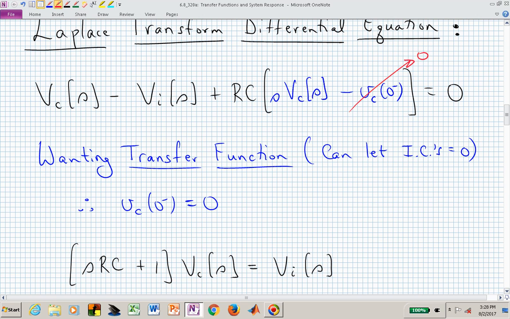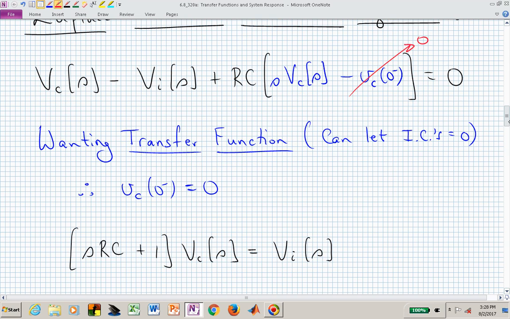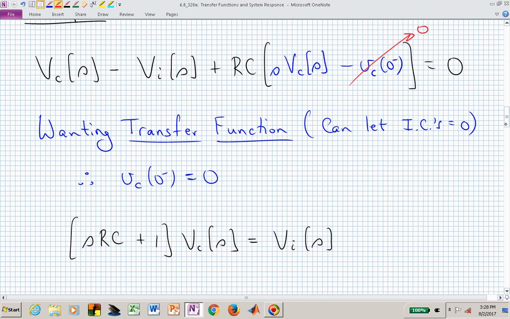And we can combine the coefficients that are scaling the Laplace transform of our capacitor voltage, and we have SRC plus 1. And that is consistent with what we would expect. We had a first order differential equation. We should expect a first order transfer function, which is what we will find when we start taking the ratio of the output voltage to the input voltage.